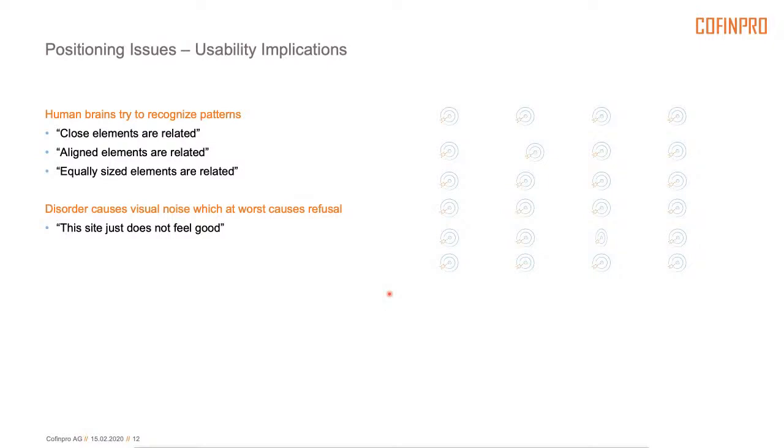If you take just a quick look, you can see, oh, this icon is totally off. It's not too bad actually, but you can immediately see it. Also, you can see that this icon is somehow a little too small horizontally. And it causes visual noise. You get the feeling that something's not right, and that this site just doesn't feel good.